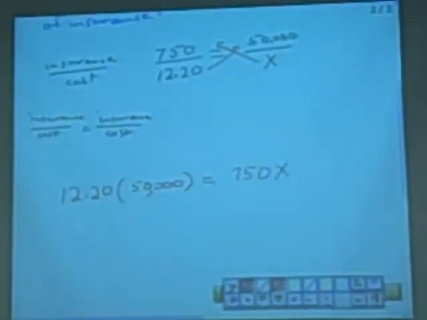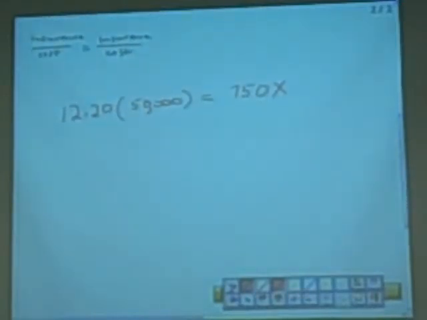When you divide that 750 to both sides, now maybe, on second thought, let's just go ahead, because making it easier might actually make it harder. So we'll just go ahead and multiply 12.20 times 50,000.